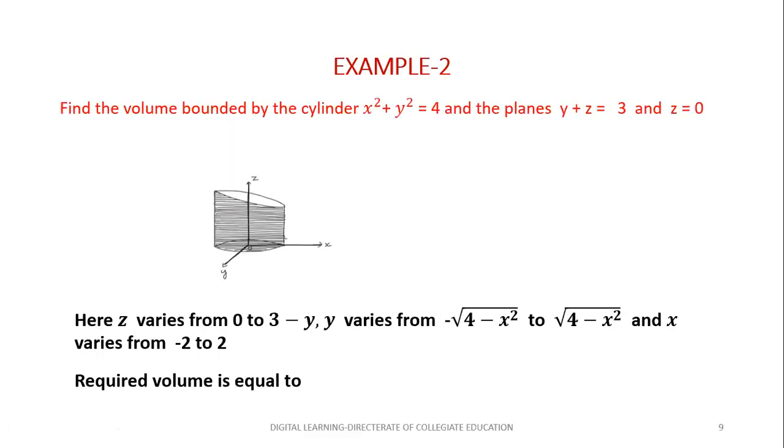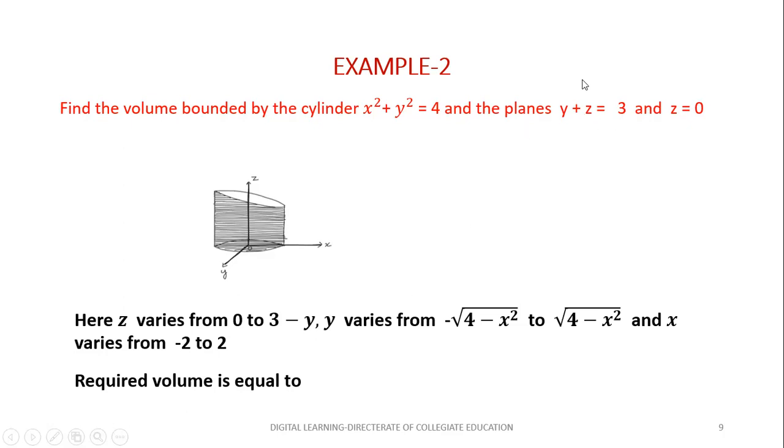Second example. Find the volume bounded by the cylinder x square plus y square is equal to 4 and the planes y plus z is equal to 3 and z is equal to 0. The z coordinate is 0. That means here z varies from z is equal to 0 to z is equal to 3 minus y.